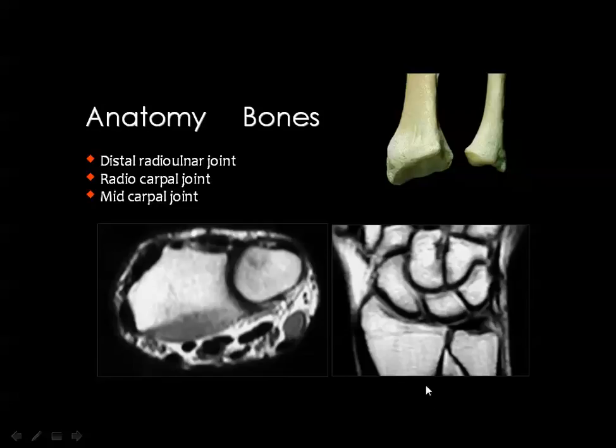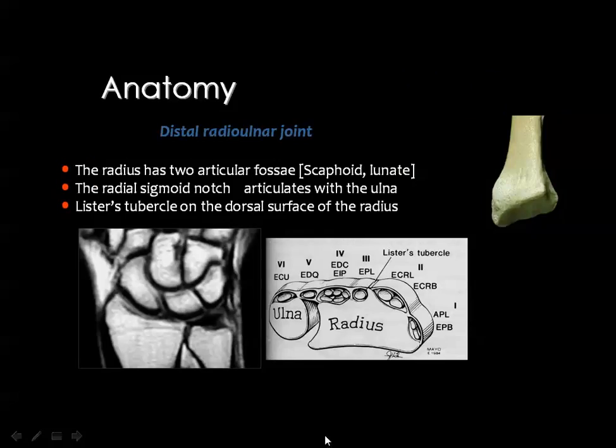Then you have the radiocarpal joints between the radius and the carpal bones, and the mid-carpal joint between the carpal bones themselves. Then the distal radioulnar joint is the articulation between the radius and ulna through the sigmoid notch.